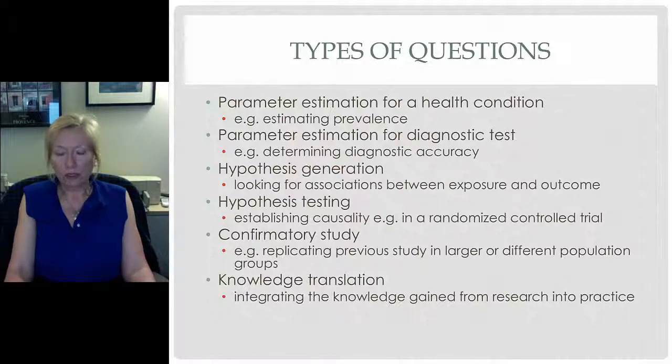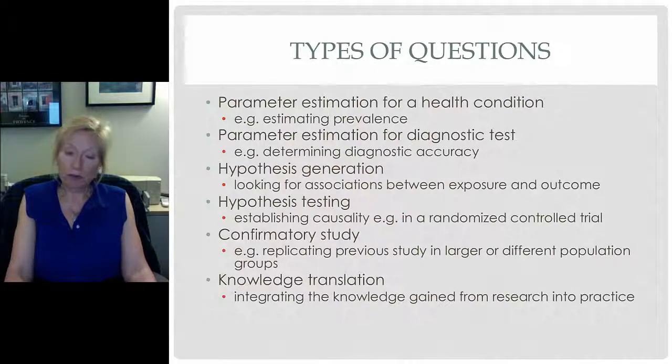You can look at generating hypotheses, for example looking at associations between exposure and outcome, or you can test hypotheses. So you can look at whether or not something causes something else, which would be something like a randomized controlled trial.